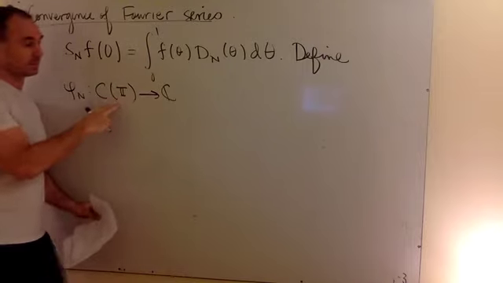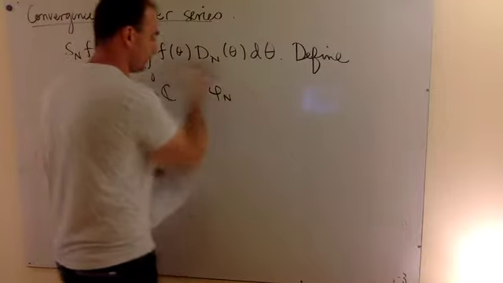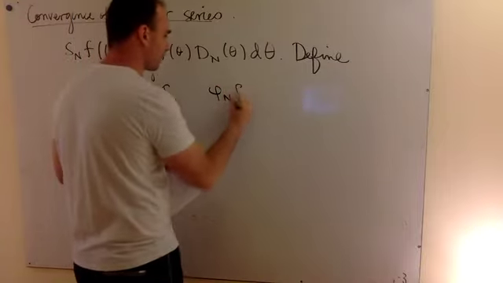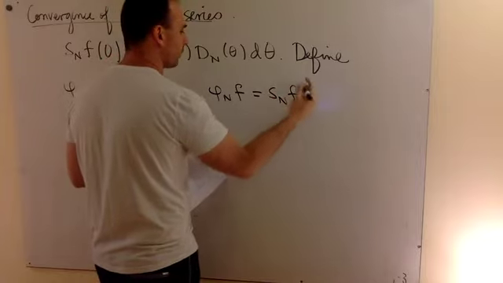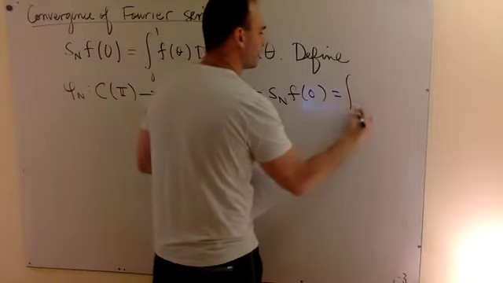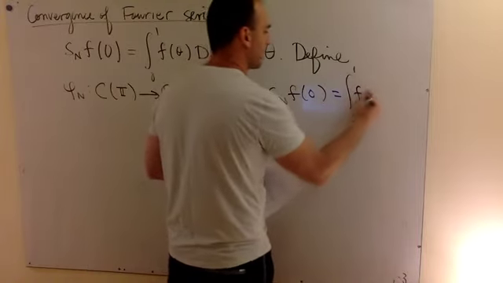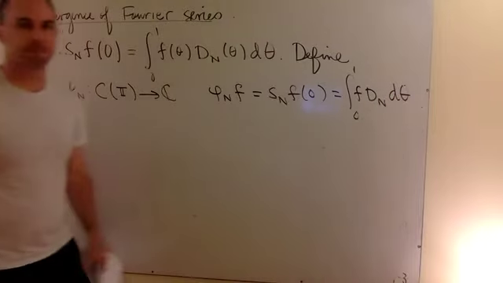This is a Banach space, and we're going to define it by just setting it equal to this thing. So basically, I evaluate the partial sum of the Fourier series at 0, and it's equal to this formula. Just write it in.